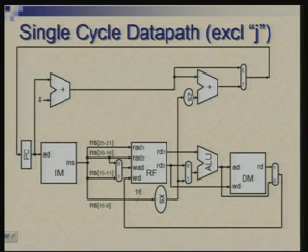With that problem in mind, we moved towards a multi-cycle data path design, and here I am redrawing that same design, except that just to make things look a little simpler, I have excluded the J instruction, or the jump instruction. So some bit concatenation which happens for jump address calculation is omitted.